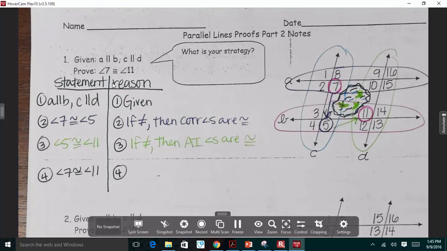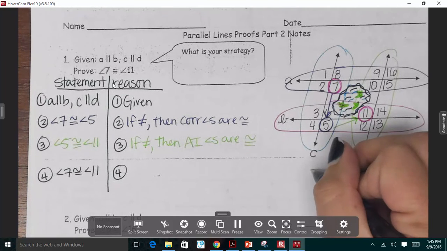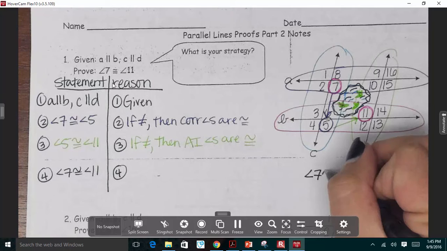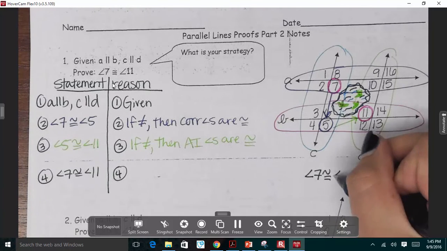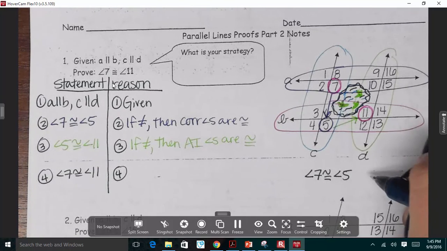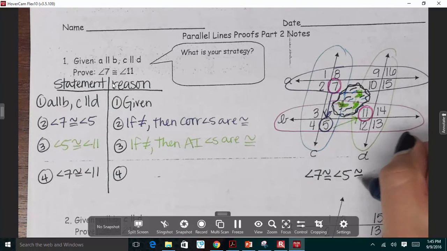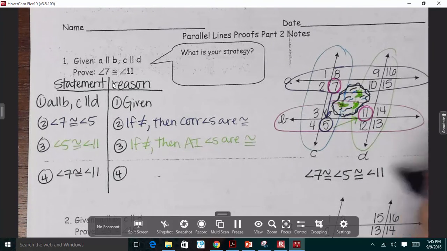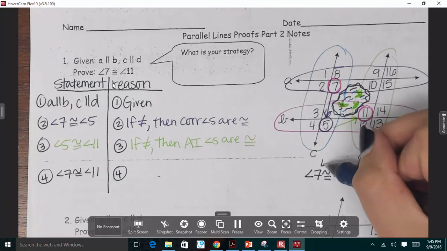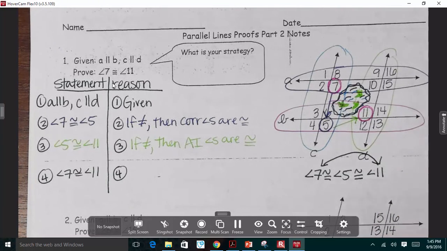Okay, so we found that angle 7 was congruent to angle 5, and then angle 5 was congruent to what? Angle 11. So doesn't that mean that that congruency transfers over from 7 to 11? It makes those congruent?